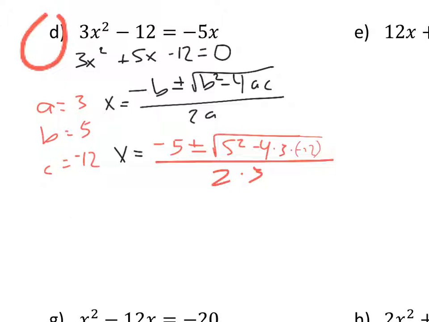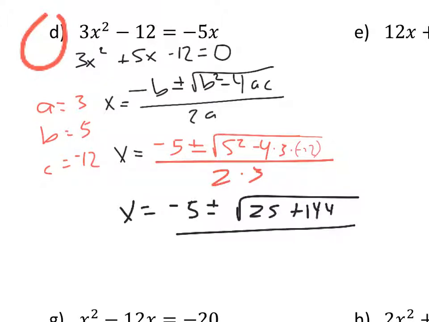I'm going to clean up as I go. Negative 5 plus or minus the square root of 25. 4 times 3 is 12, so that's a negative 12 times another negative is positive 144, all over 6. So I get x equals negative 5 plus or minus the square root of 169 all over 6.